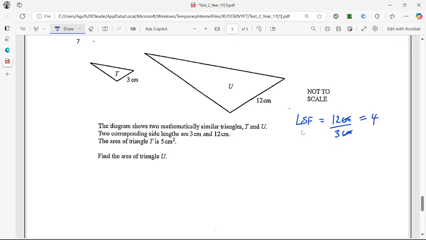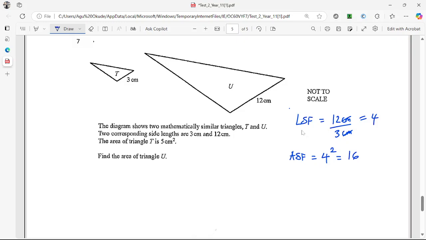Now what I'm going to do next is to get the area scale factor. The area scale factor is gotten by squaring the linear scale factor. I will do 4 squared, and that's 16. Now this 16 is the ratio of the corresponding areas.